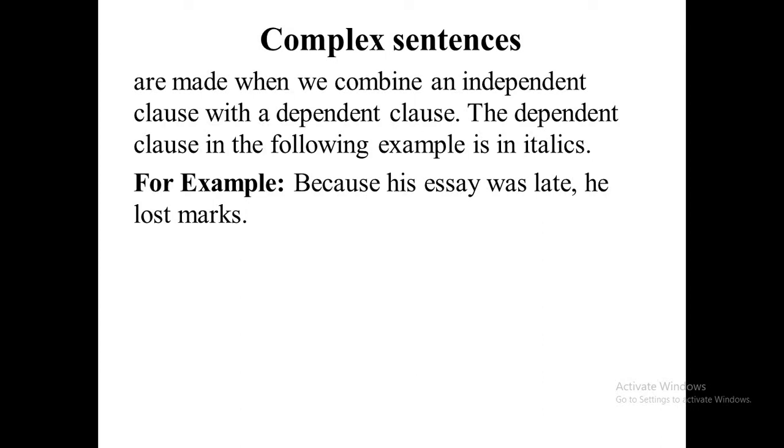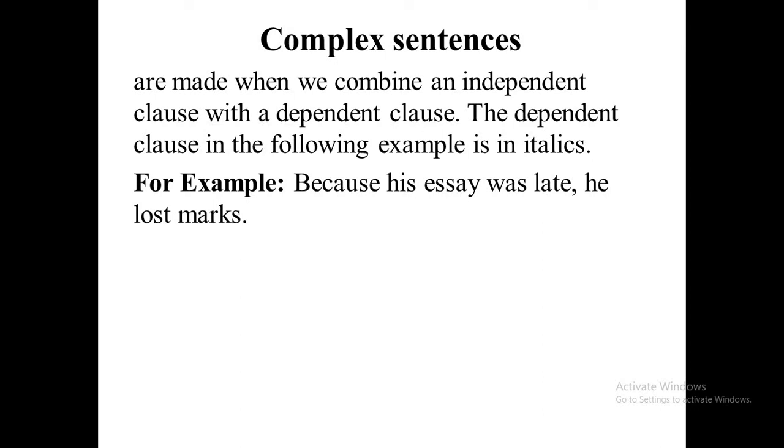Common ways to begin a dependent clause are: although, as, because, even, if, instead, though, when, whenever, where, and while. While more than one dependent clause can be used in a sentence, they must always be combined with an independent clause to complete the idea.